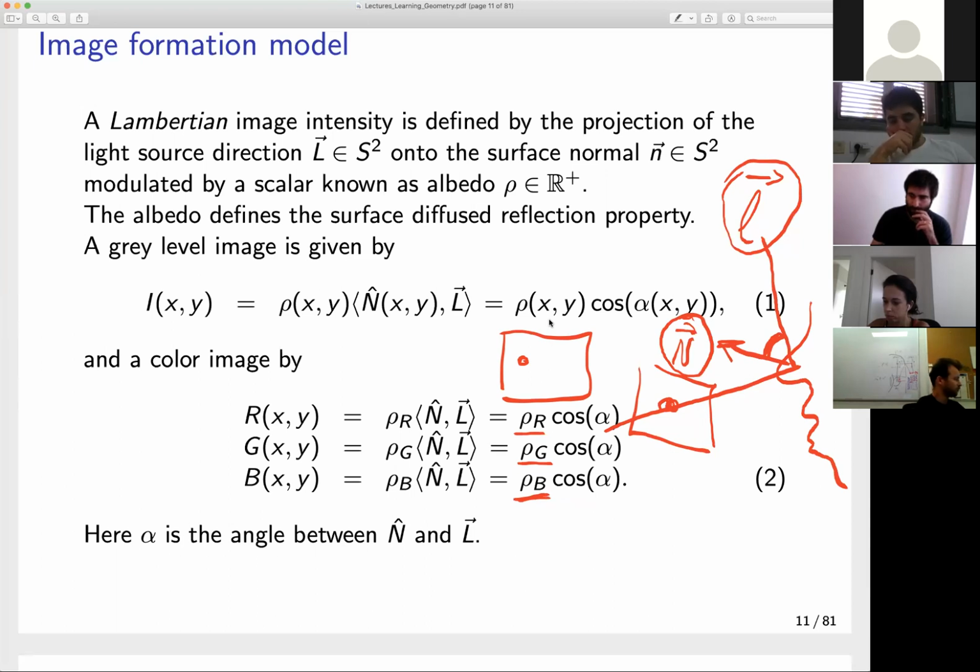So we obtain three functions, red, green, and blue, and they should have the same scalar if the object has the same color, times the cosine of the angle, times this inner product between the normal and the light source.